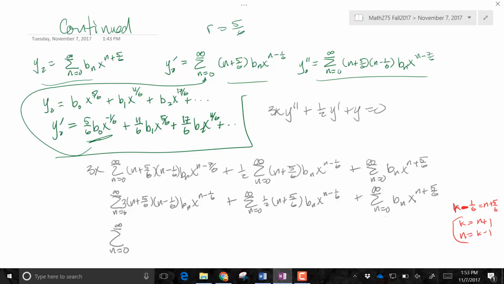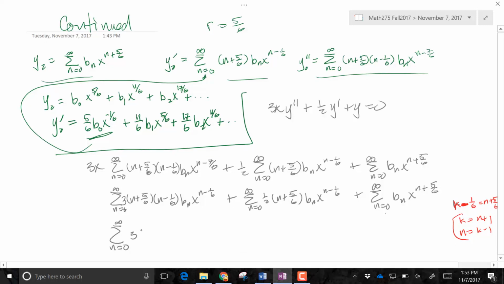Then k would equal, no, the starting point would be 1, right? If it's 5 over 6, then the shift is still going to be 1 up or 1 down, right?